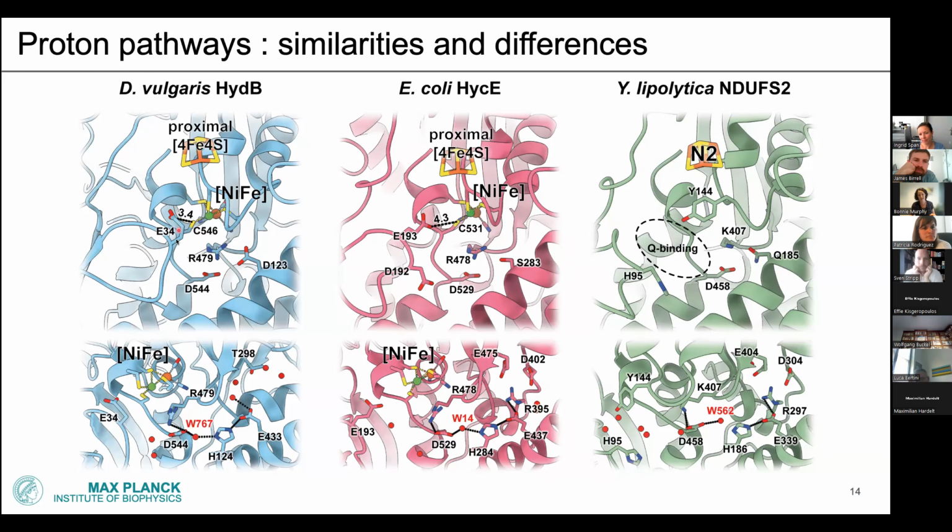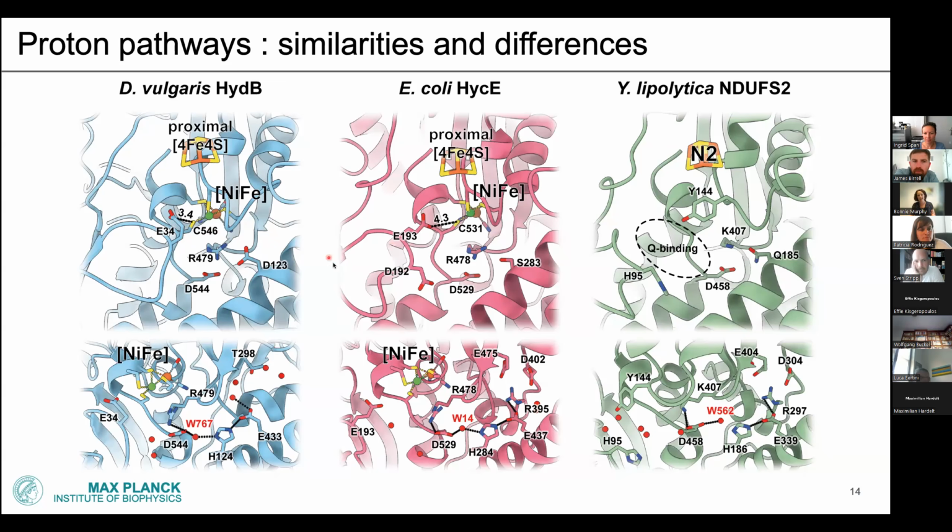And interestingly enough, in the MBHs, this beta-1, beta-2 loop is a little bit more flexible, and it's homologous to a loop that carries a histidine that's known to be important for binding quinone, and is probably donating one of the protons for quinone reduction. It's kind of fascinating to see that role conserved over so many million years of evolution.